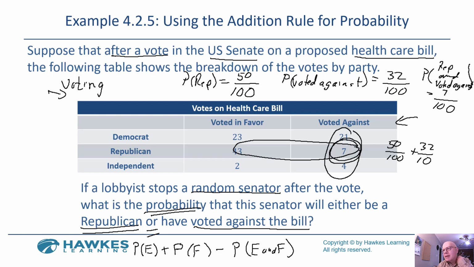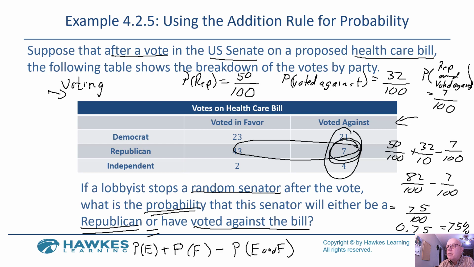So for our answer, we're going to take that 50 over 100 plus 32 over 100. These are the Republicans. These are the ones that voted against. And we'll subtract the ones that we've added twice, which is 7 senators. So adding the first two, we've got 82 over 100 minus 7 over 100 for 75 over 100, which we could put as 0.75, or we could write as 75%.